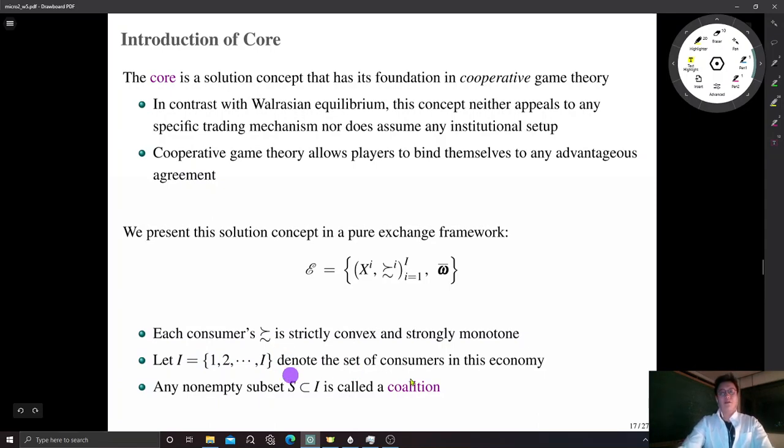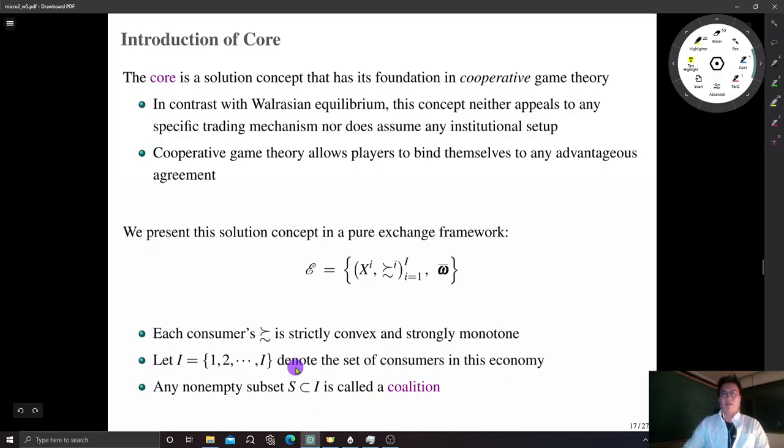Okay, and here is one important concept to define the core. There's a coalition. But definition is really simple. So the coalition is defined as any non-empty subset S of this set, the set of consumers.